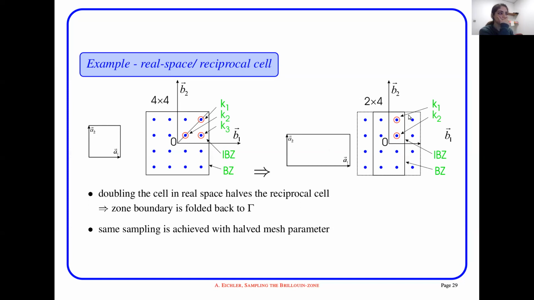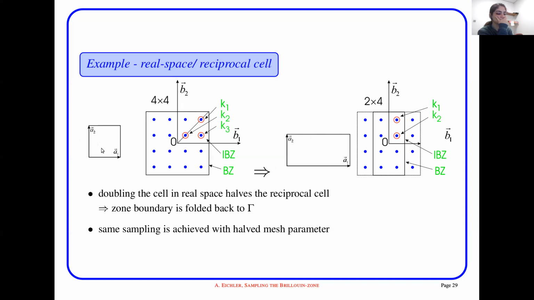The big square is the reciprocal space of this square. So in this case you just need to use 2 by 4 because your real space is larger, because this lattice vector is larger, while in this case, since it's smaller, you use a 4 by 4 mesh.